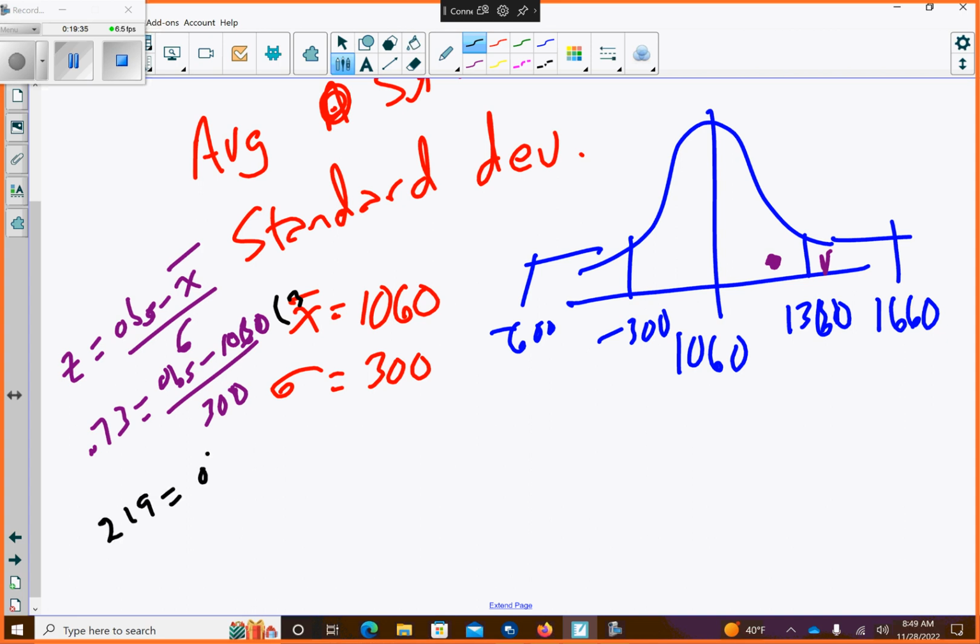And then we want to figure out our observation. So I want to add 1060 to 219. So 219 plus 1060 is 1279.